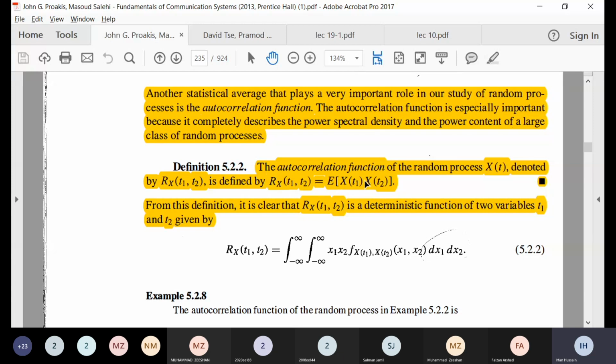So I'm taking 2 random variables, taking their product and their expectation, and hence I am getting the autocorrelation. What is the expectation of the product of 2 random variables? It is the product x(t1) x(t2), which you can also write as x1 x2, the same thing. You take the product of the 2 random variables and multiply with their joint distribution. This is the exact definition of the mean of a product of 2 random variables.